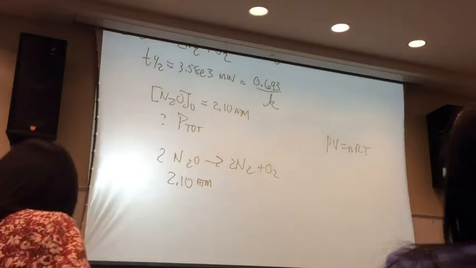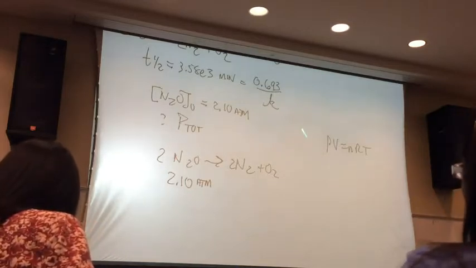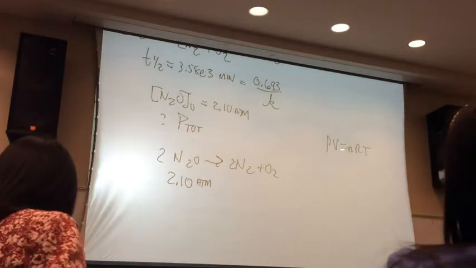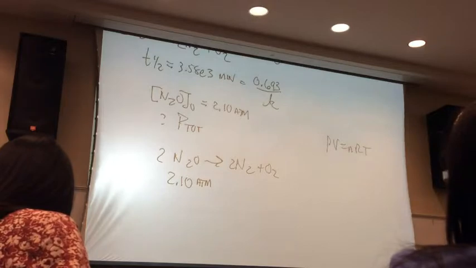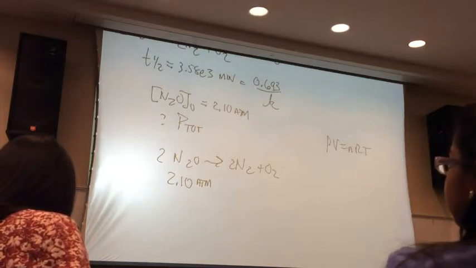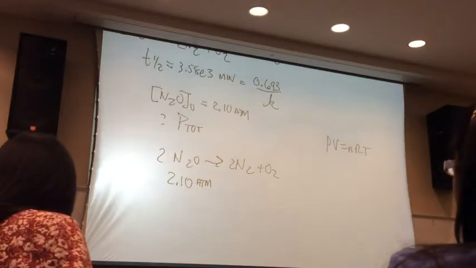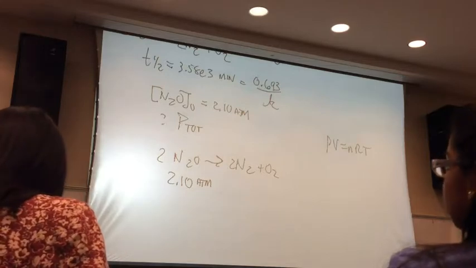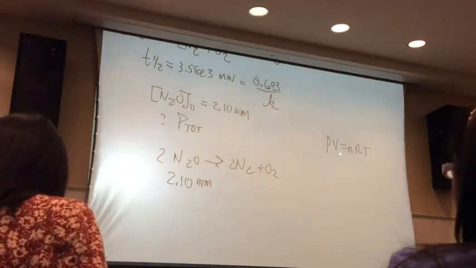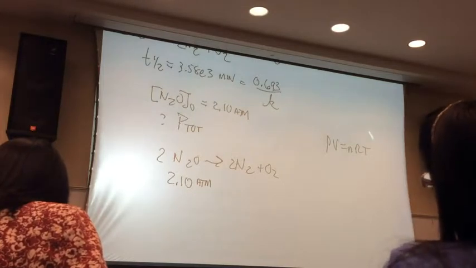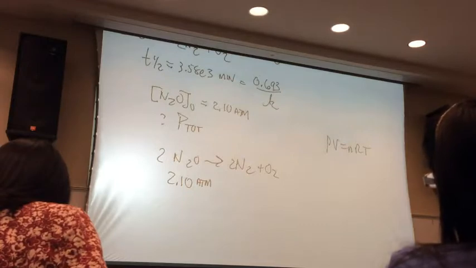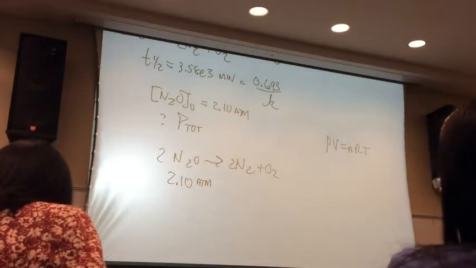I could convert these pressures to moles and then do stoichiometry, but you can relate them through the pressures as well, because they're directly proportional. Volume, R, and T are constant, so I'm not going to convert to moles.